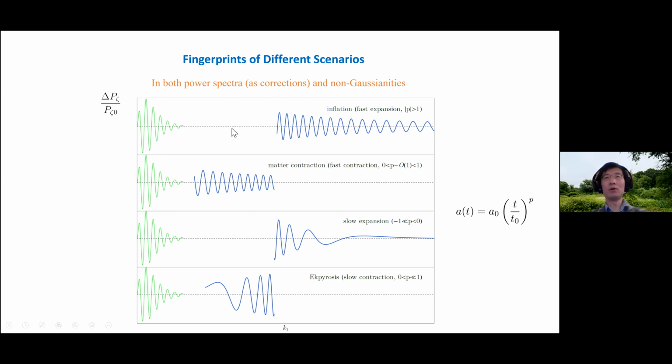So if M over H is larger, the separation between these two will be larger. The ratio of the scales of the starting point of the clock signal to the starting point of the sharp feature signal will be larger. Does that answer your question? Yeah, it's determined by the ratio of M to H.